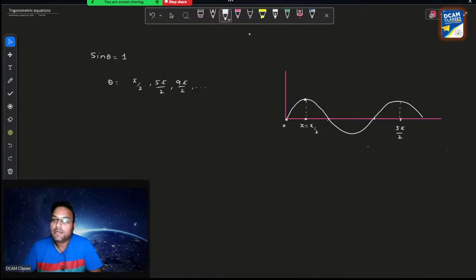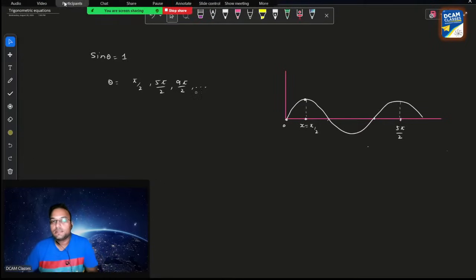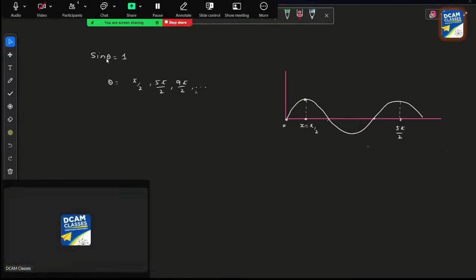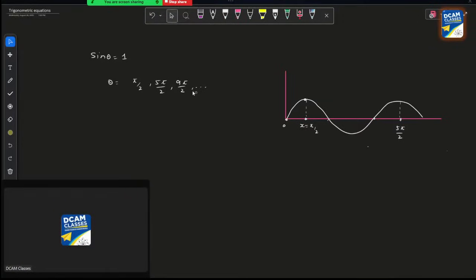So what value will you be taking? Using trigonometric equations, they have given some standard set of formulas using which you can find out the exact solution of the particular trigonometric equation.